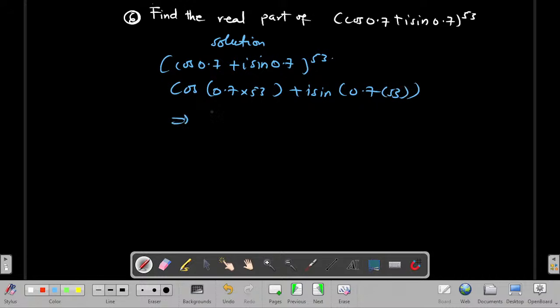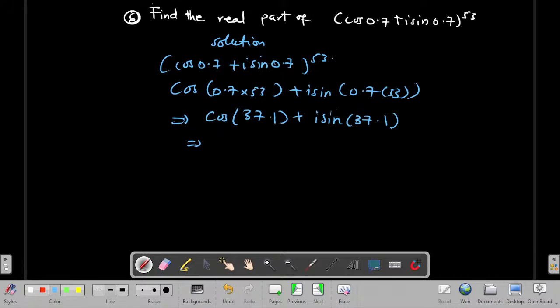So what's the answer? Cosine of the expression 0.7 times 53. That is 37.1, plus i sine 37.1.